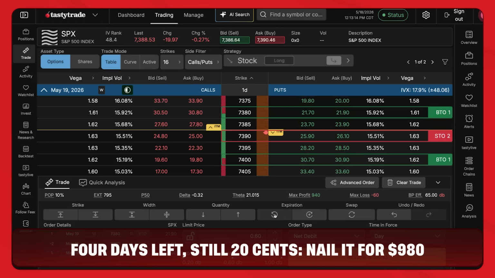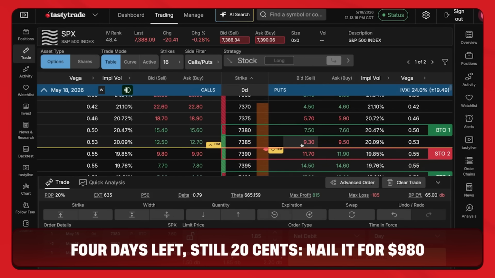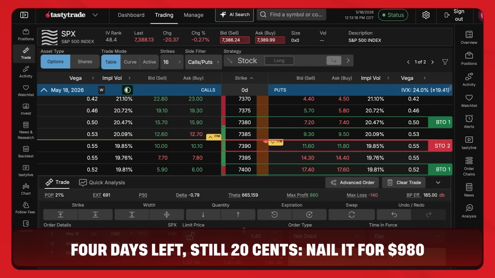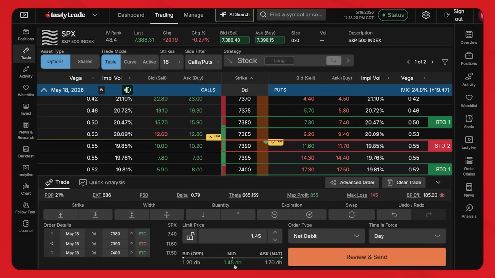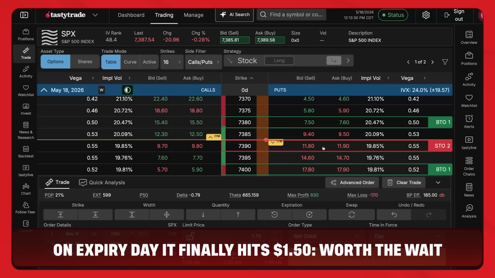But again, just to be realistic about it, now let's go into the 0 DTEs. $1.50. It's still not max profit, but now it's starting to increase in value. You have to wait from 30 days down to 2 days to 1 day, 28, 29 days, for that butterfly to expand in value.